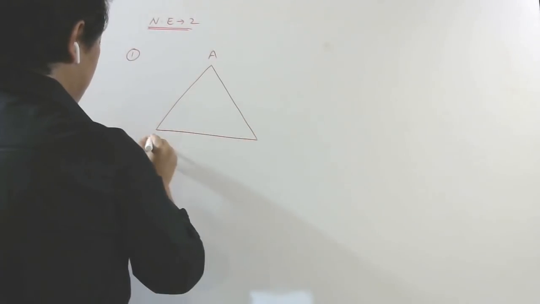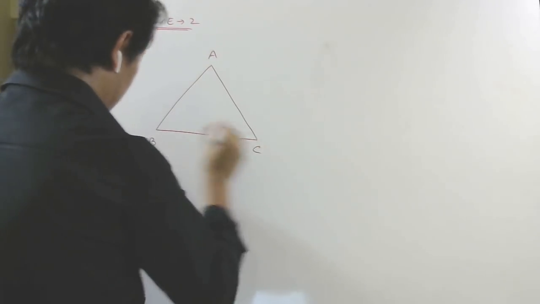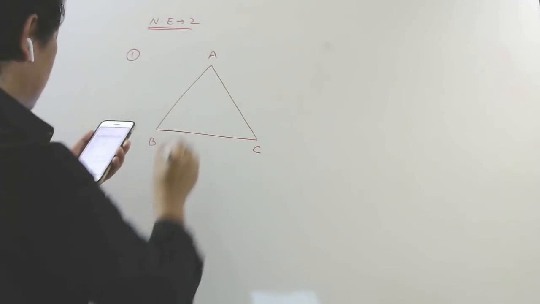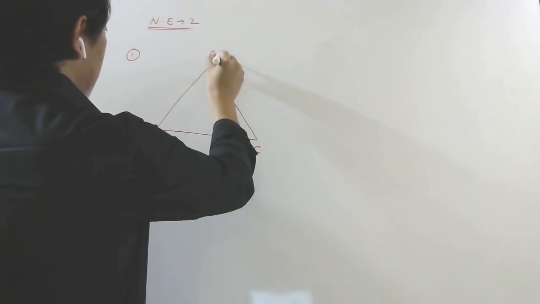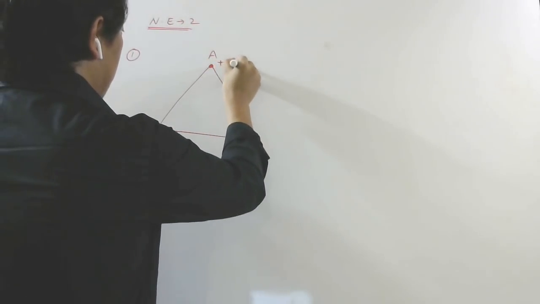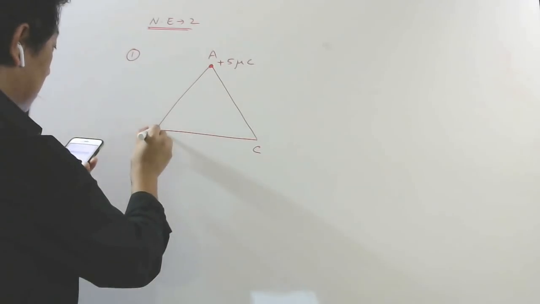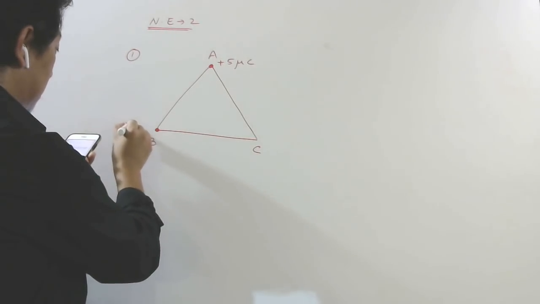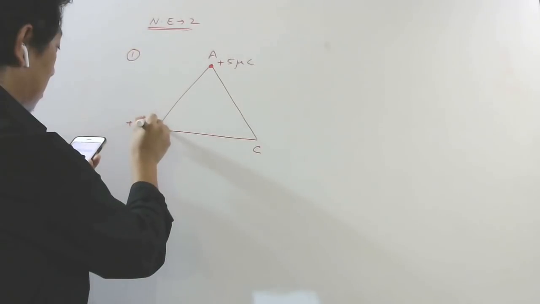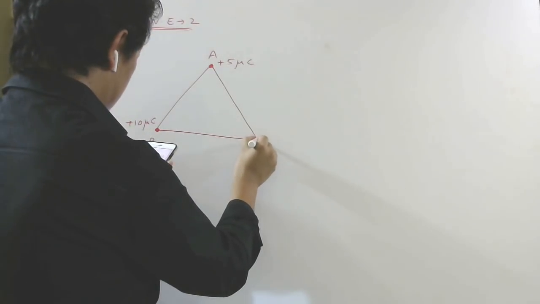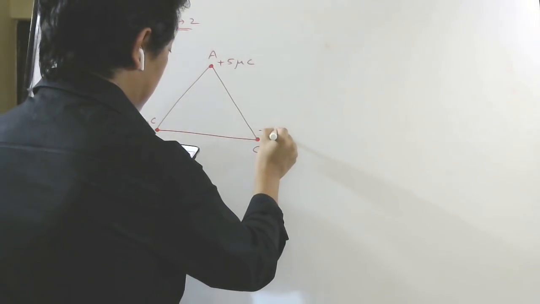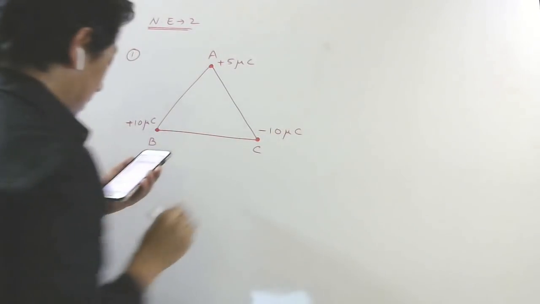Write them ABC. Okay. Now the charge on A here is plus 5 microcoulomb. Charge on B is plus 10 microcoulomb and charge on C is minus 10 microcoulomb.